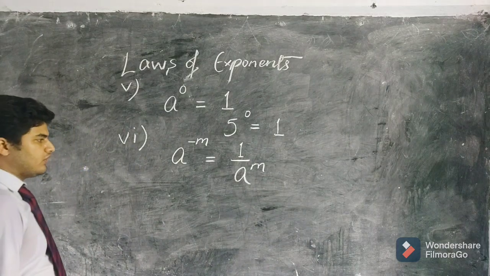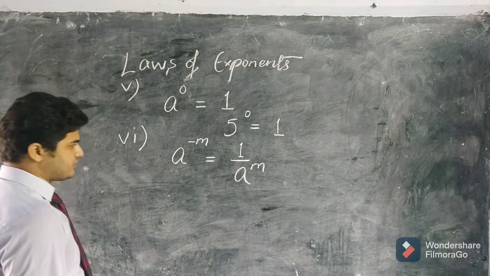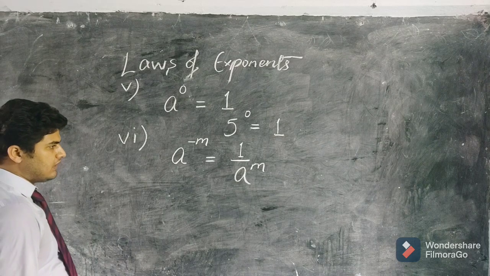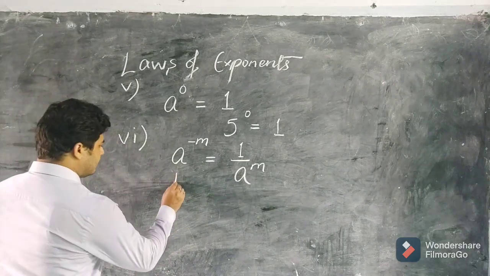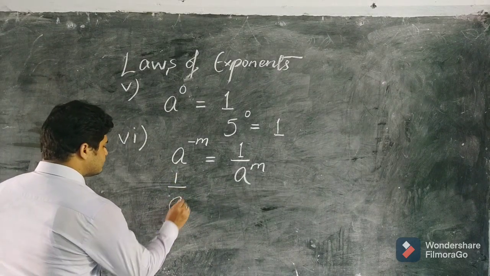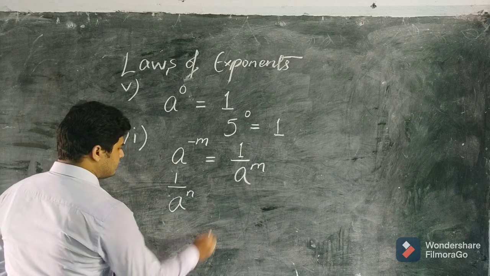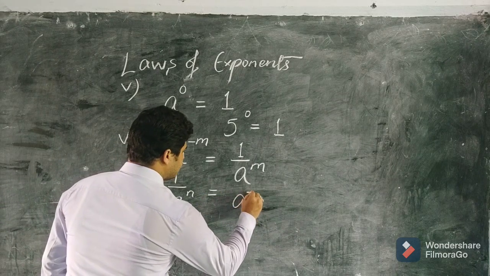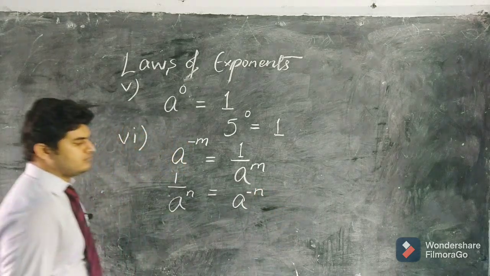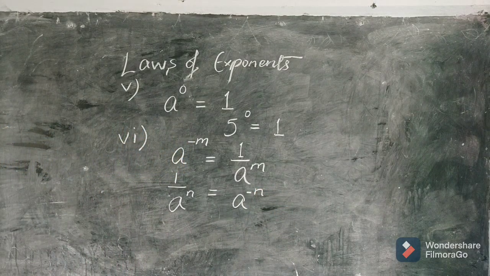When we do the reciprocal, the power becomes positive, and it is vice versa also. Like if you are given a to the power n, then you can also write it as a to the power minus of n.